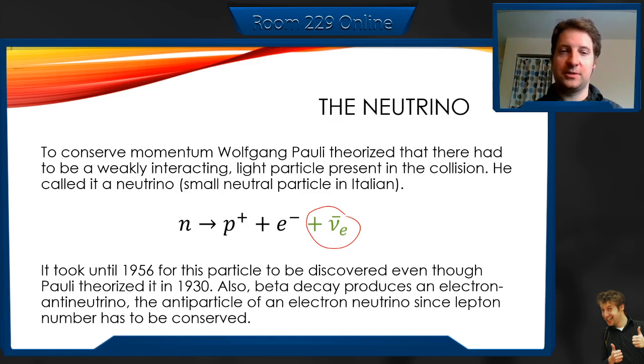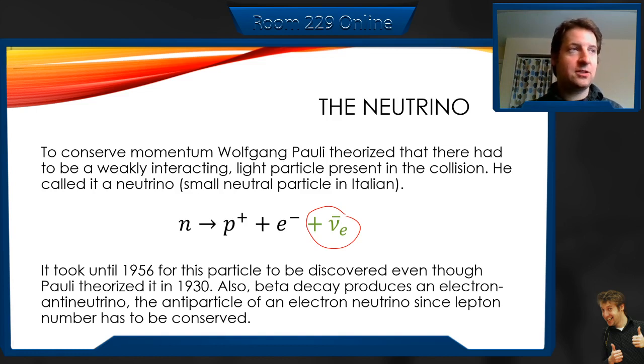It's neutral and it's very small. Small as in very, very small mass. Okay, and this was theorized in the 30s. It took until 1956 to actually discover whether this particle truly existed.